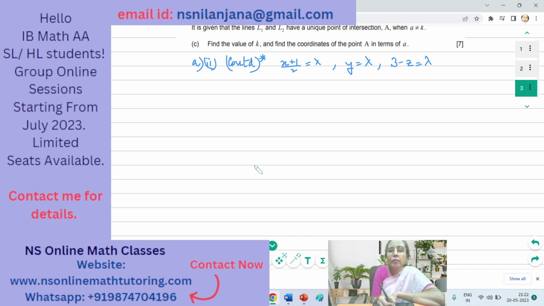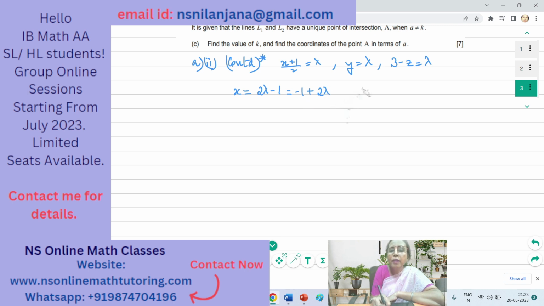Therefore, what can we get? We can get the x, y, z expressions. x will be equal to 2 lambda minus 1, which can be written as -1 plus 2 lambda. Actually, we write the number first.